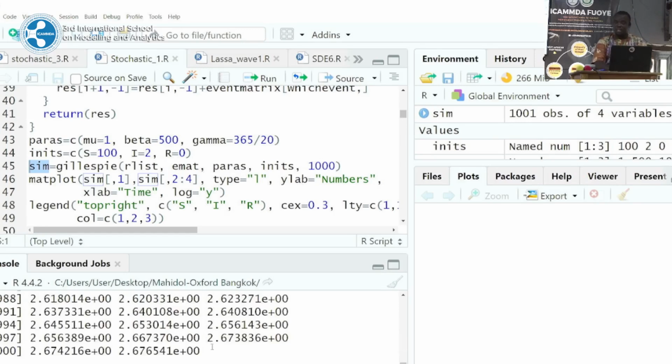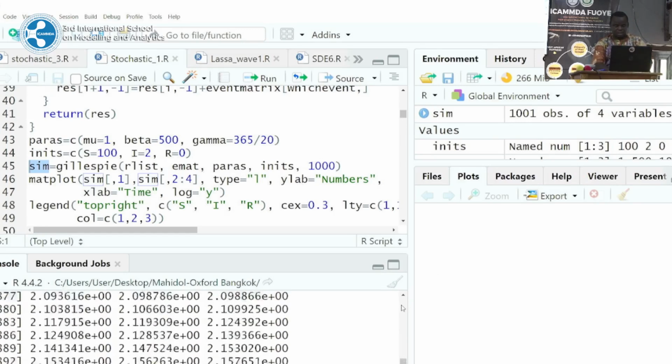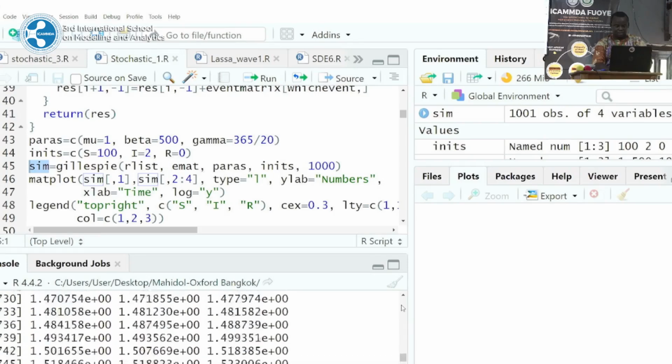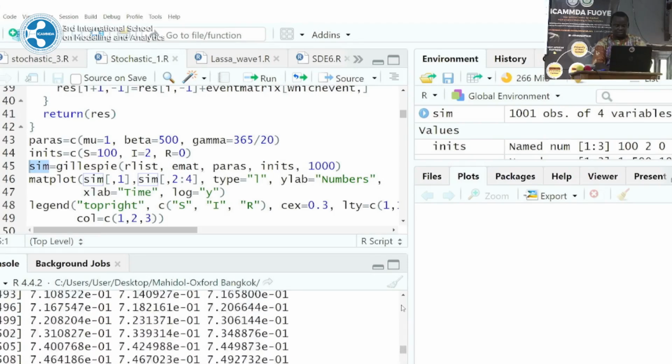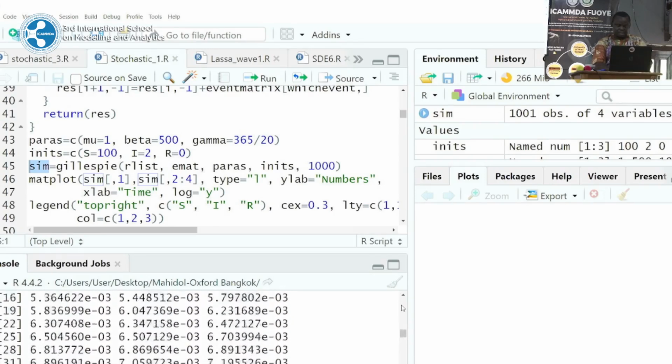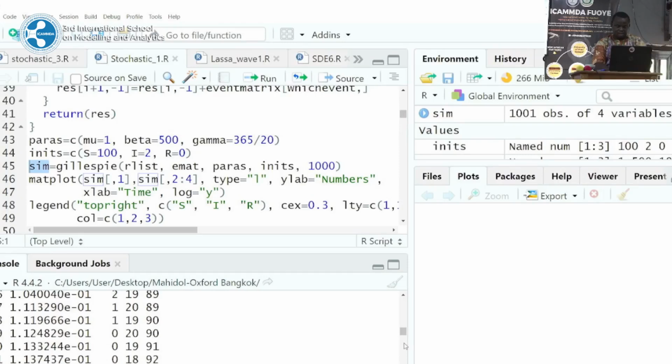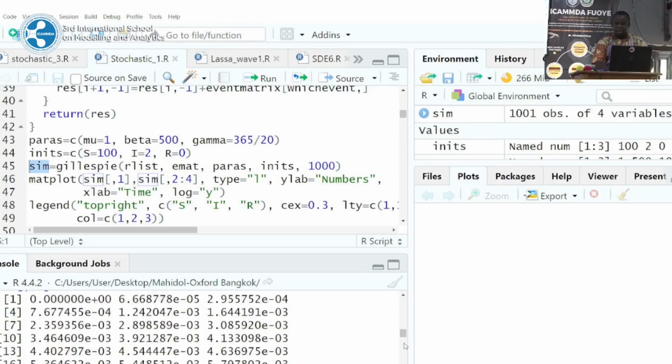It gives me the time, everything about the time step from 0 to 500.